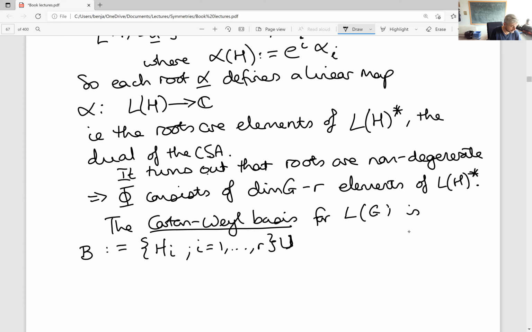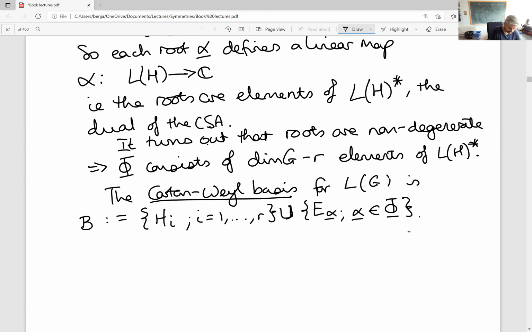And then we add to these the E^α, where α is in the root set. So these are our Cartan-Weyl basis vectors.